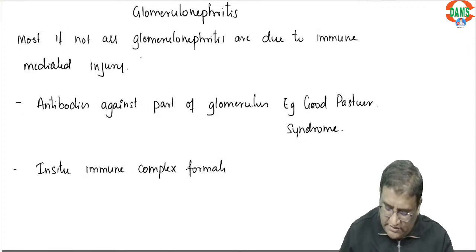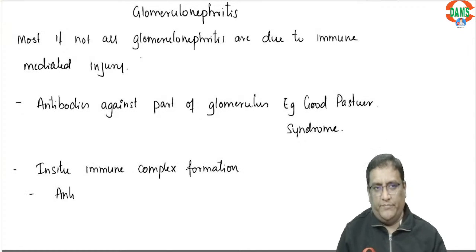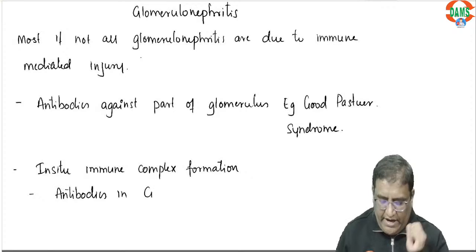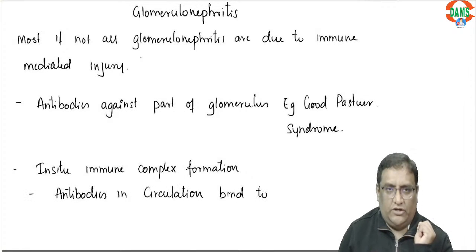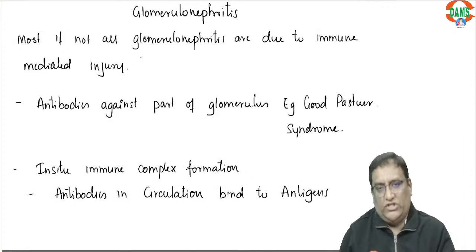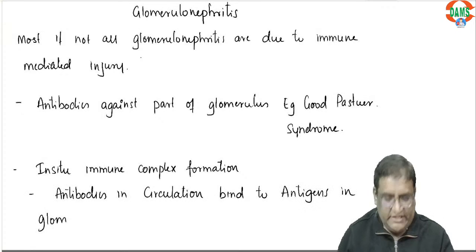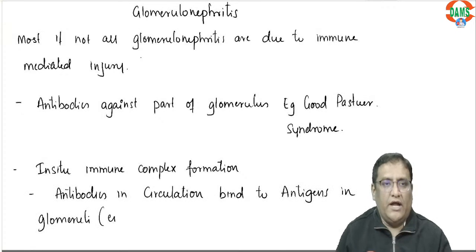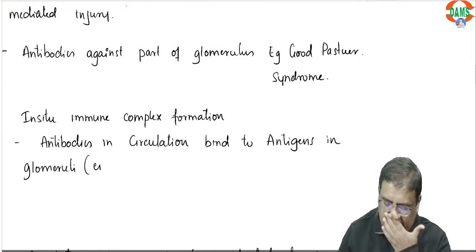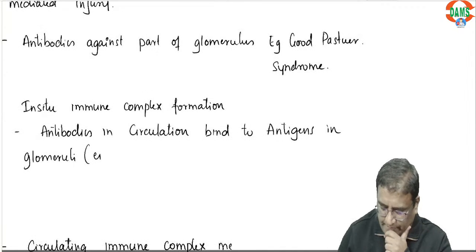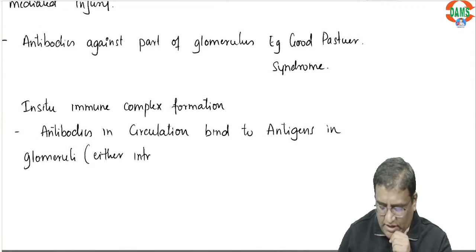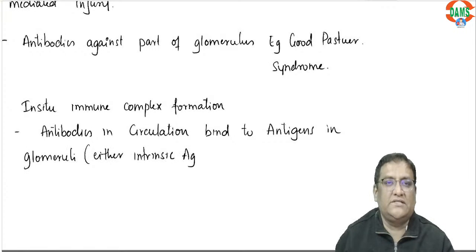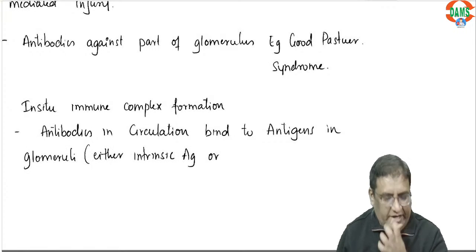Yes, in situ immune complex formation. So in this example, antibodies in the circulation bind to an antigen in the kidney, in the glomerulus, better word. Now, these antigens in the glomerulus could be of two types. One, it is an intrinsic antigen. What is an intrinsic antigen?